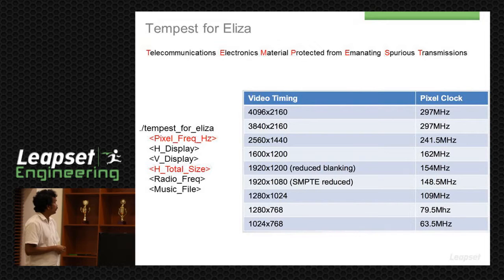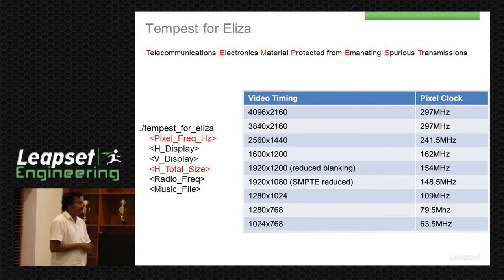Telecommunication, electronics material protected from emanating spurious transmission. That's a security standard that regulates electromagnetic emissions from devices. So the person who created this program named it after this security standard.